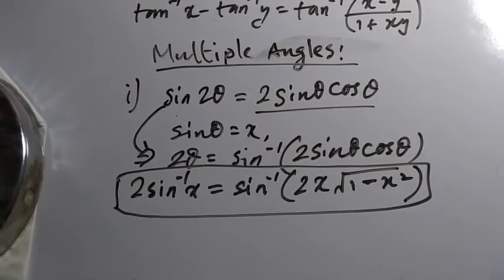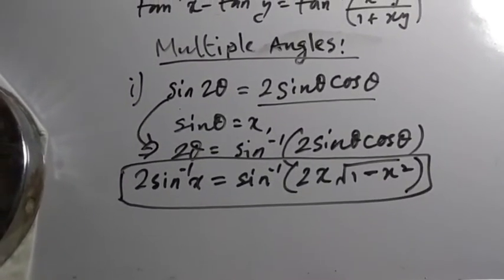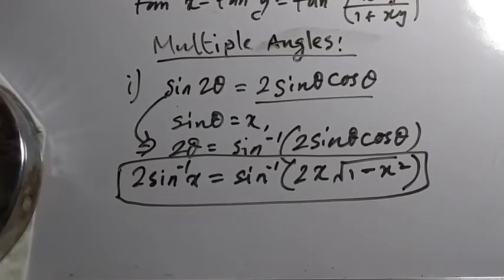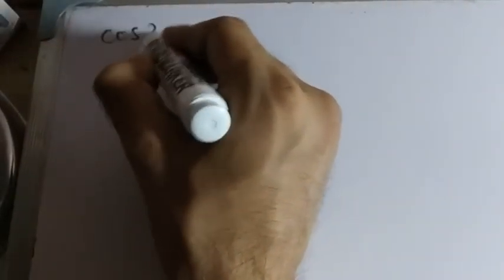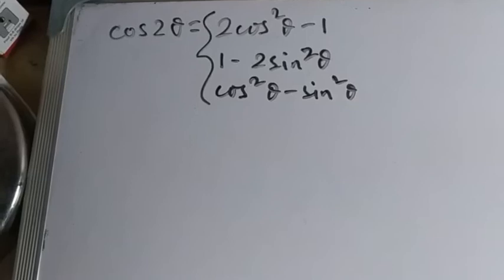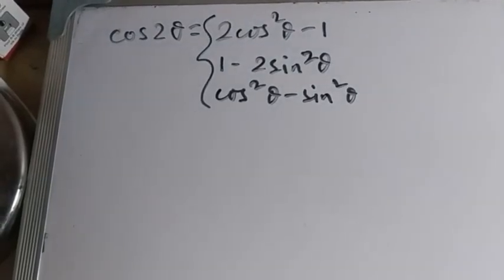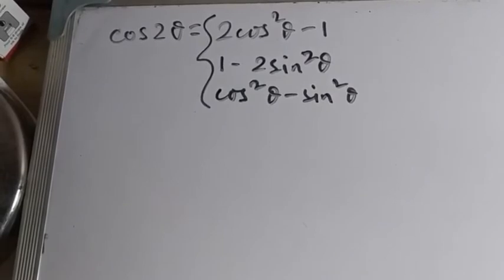Similarly, if we now take the formula of cos 2 theta, it has three formulas. Let me write them. But when we are dealing with inverse trigonometrical functions, we will be using only this one.